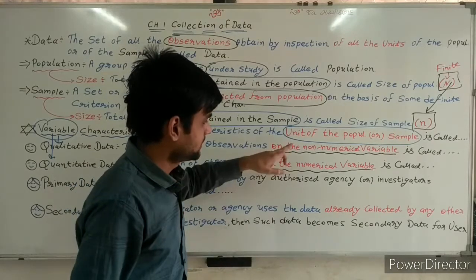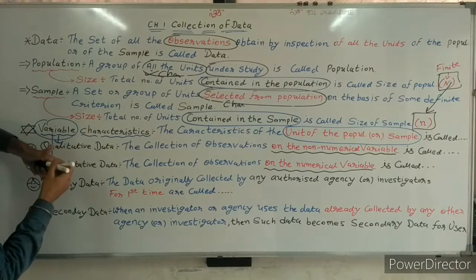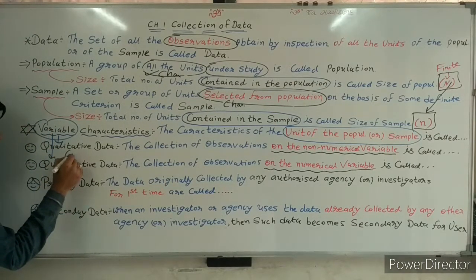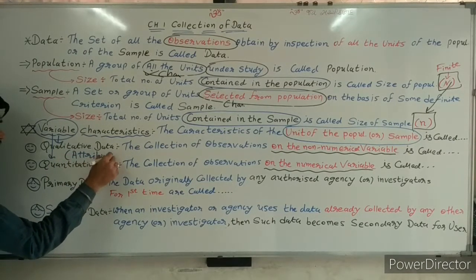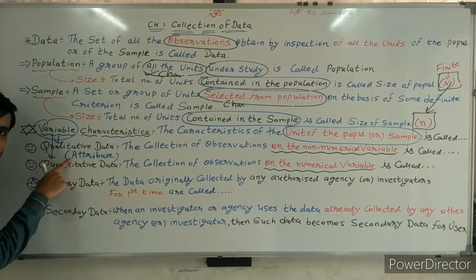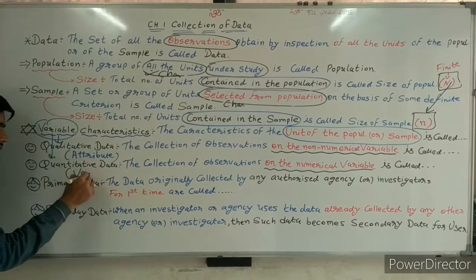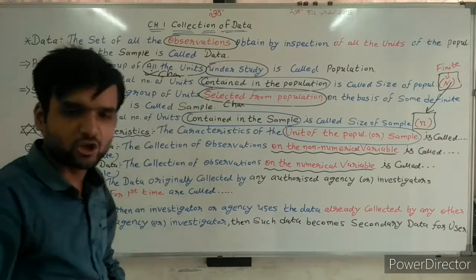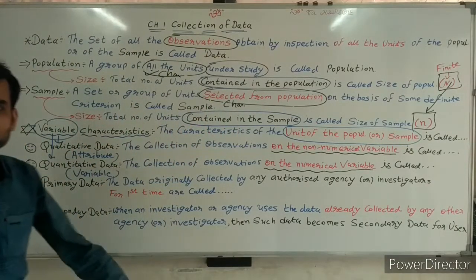And we can say qualitative data, its other name, attribute. Qualitative data is called by attribute also, and quantitative data is called variable only. Quantitative means variable and qualitative means attribute.